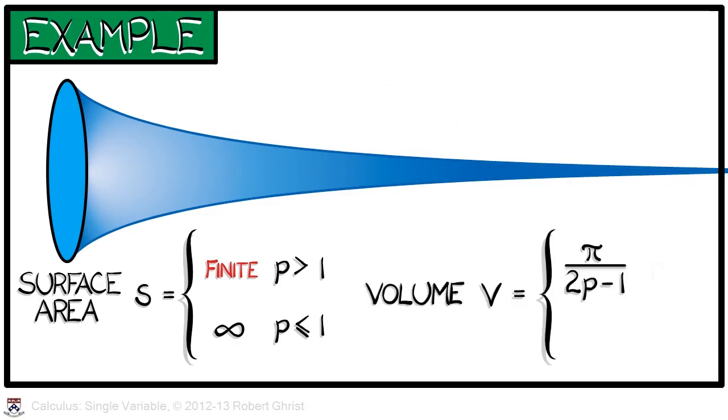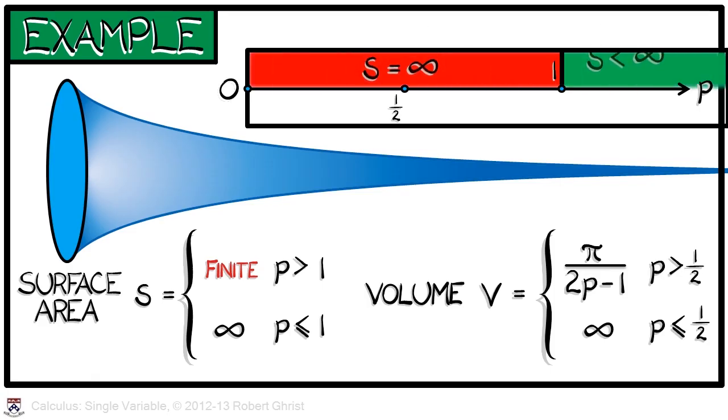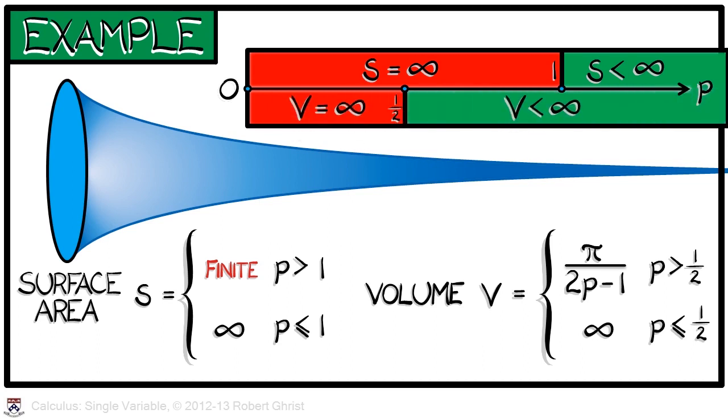Now, let's compare that surface area to what we saw in the case of volume. There are different constraints on p. For surface area, what we have is something that is finite if p is strictly bigger than 1. But for volume, we have something that is finite when p is strictly bigger than 1/2.